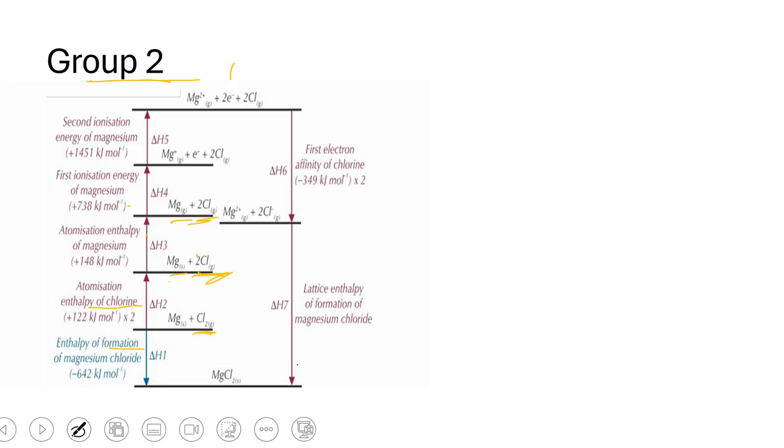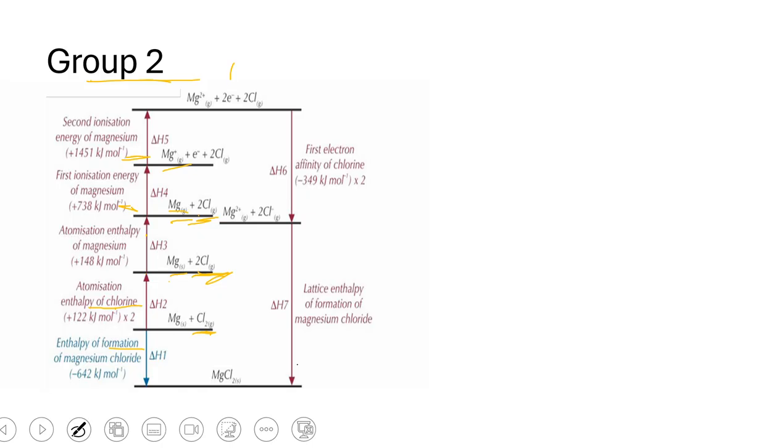And then from here to here, magnesium is going from gaseous magnesium atom to gaseous magnesium ion +1, just as we saw at first, from the second slide, that this is the ionization of magnesium. So this is the first ionization, since it's going from the charge 0 to +1 in gaseous state. That's the first ionization of magnesium.